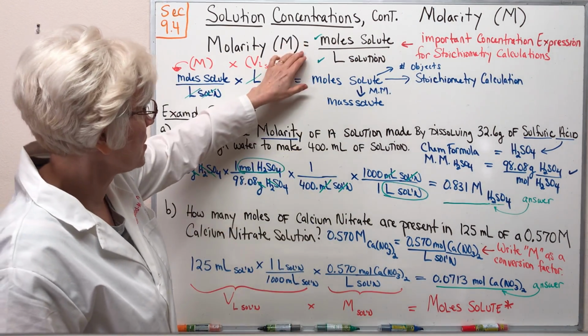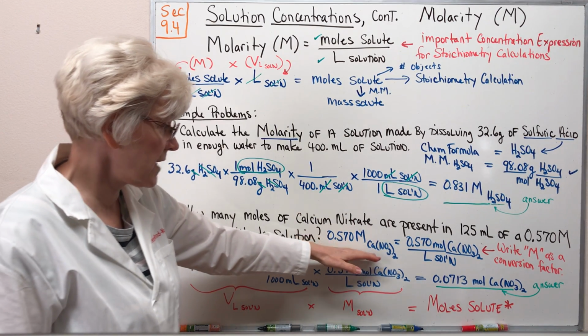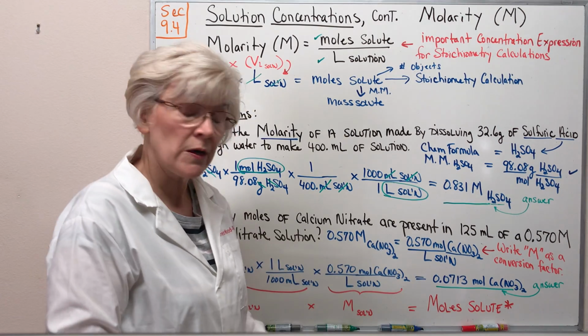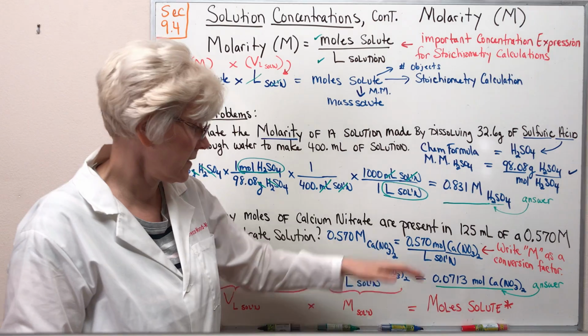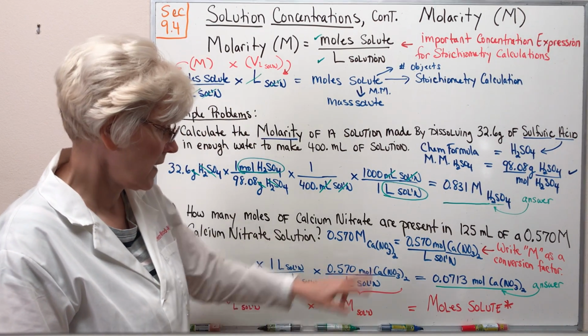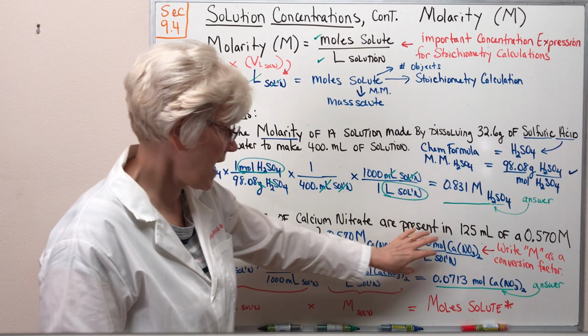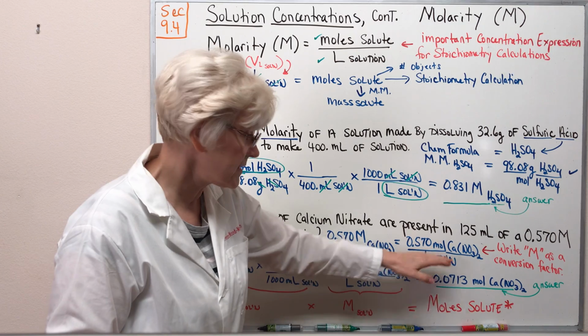Based on the definition of molarity, 0.570 molar calcium nitrate is equal to 0.570 moles of calcium nitrate per liter of calcium nitrate solution. So we've taken this molarity and written it as a conversion factor, the form it needs to be in for use in our setup.